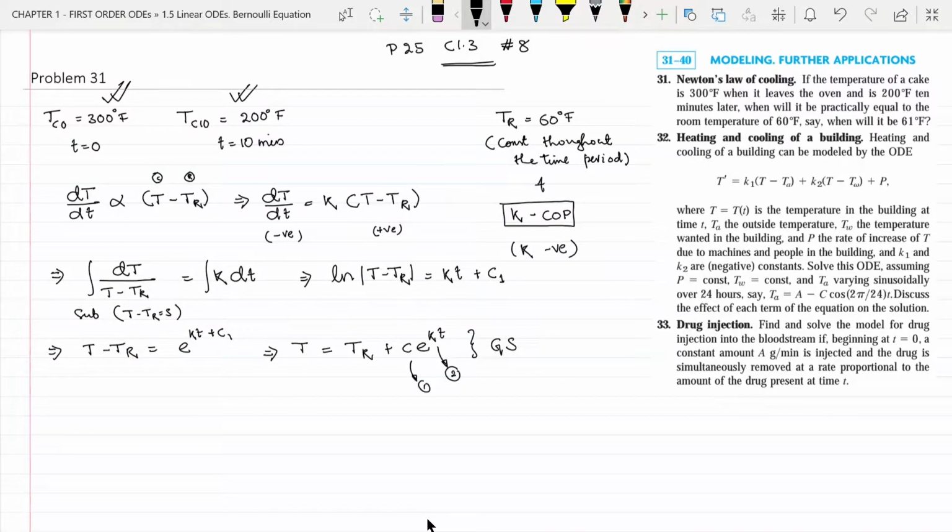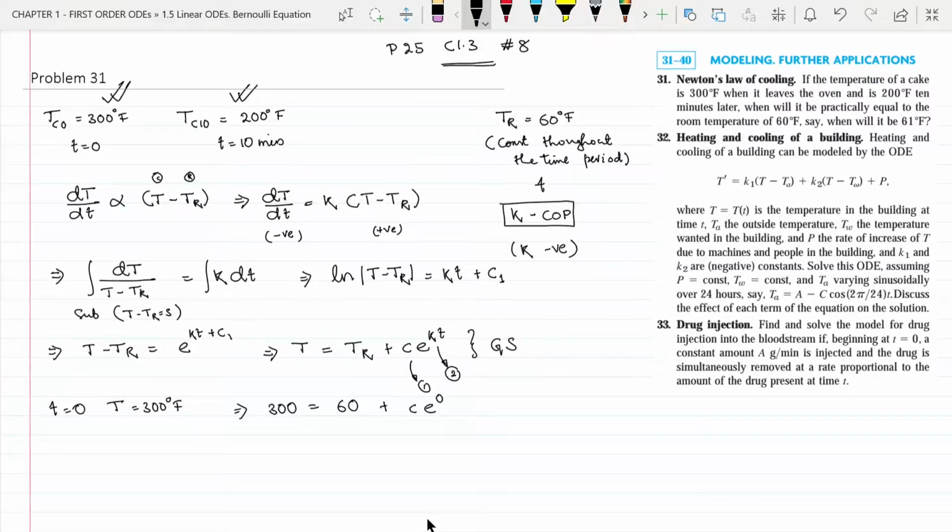So from initial value condition 1, we have t equal to 0, T equal to 300 degrees Fahrenheit, and this implies we will put 300 equal to temperature of room, which is 60, plus C e to the power K multiplied by t, which is 0, so 0.